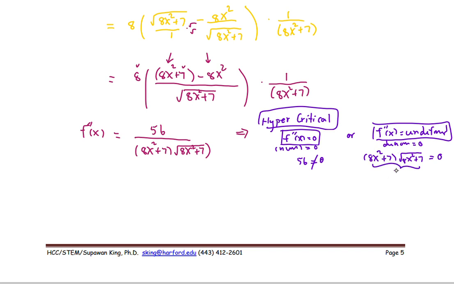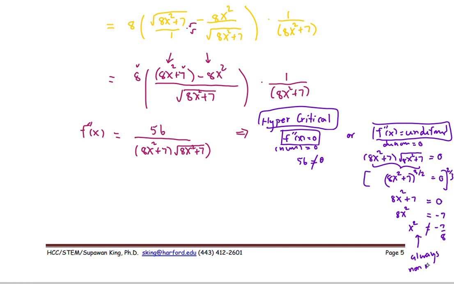If we merge this together, this is 8x squared plus 7 to the power 3 over 2 equals 0. Raise both sides to the power 2 over 3. That becomes 8x squared plus 7 equals 0, because 0 raised to any power is 0. Solve for x: 8x squared equals negative 7, or x squared equals negative 7 over 8, would never be true, since squaring a number is always non-negative.